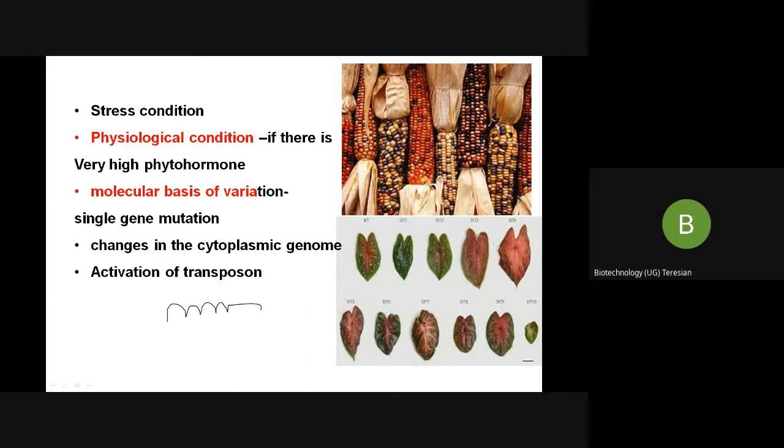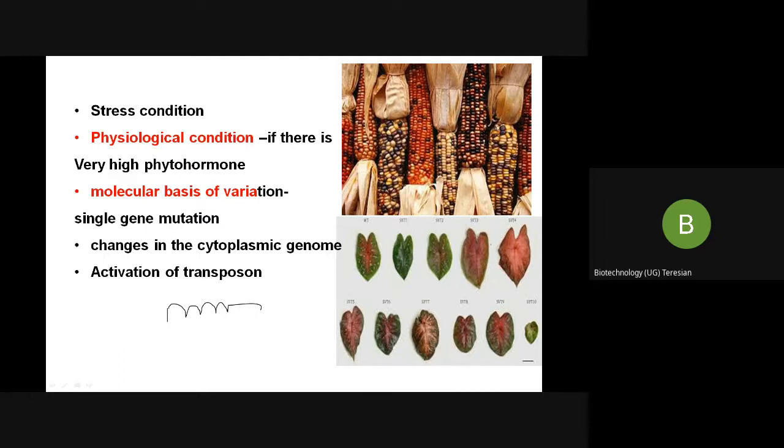Suppose your objective is to produce secondary metabolites. You have a separate chapter on secondary metabolites, and we shall deal with it in detail. But for the time being, remember that secondary metabolites are produced by the plant during the stationary phase. You have the different growth phases, right?